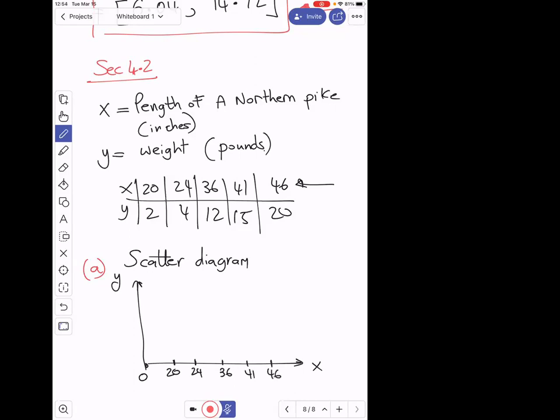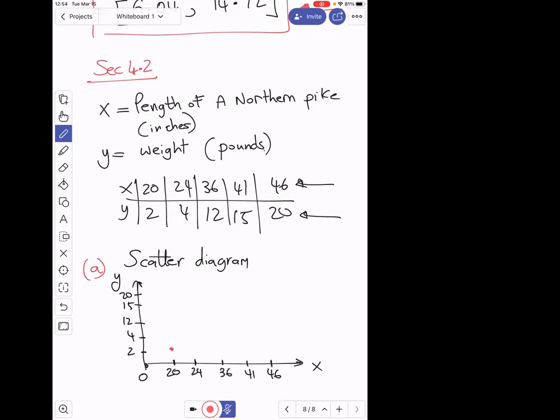And then there are the values of y. We're gonna plot them. They go from 2 to 20: 2, 4, 12, 15, and 20. All right, so when x is 20, y is 2.